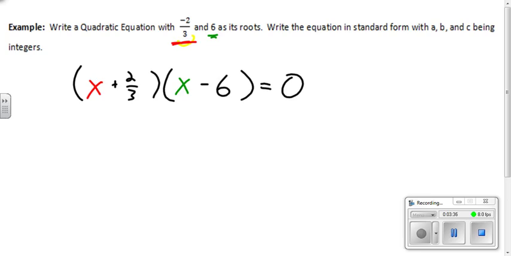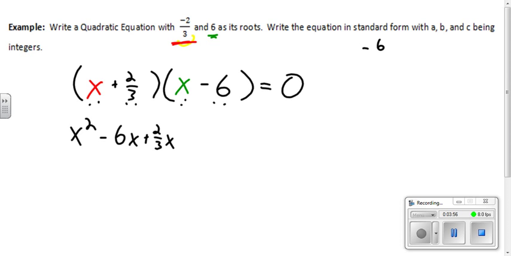Now that we have this form, we still need to get it into standard form. Again, it's easy as foiling. X and x is x squared. X and -6 is -6x. 2/3 times x is +2/3 x. 2/3 times -6, I'm going to show you that one over here.